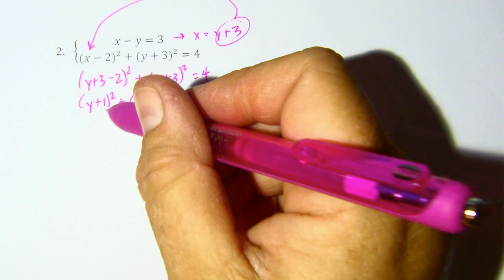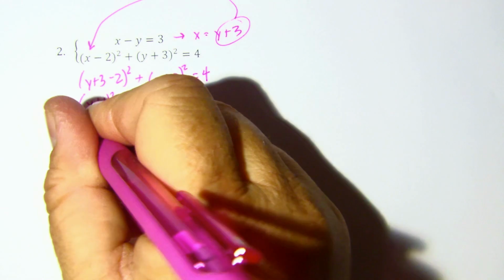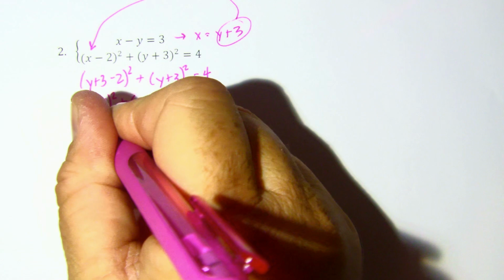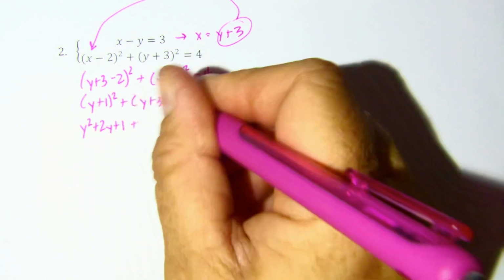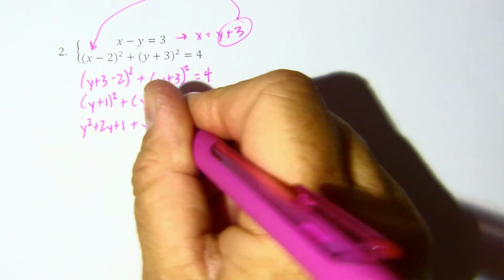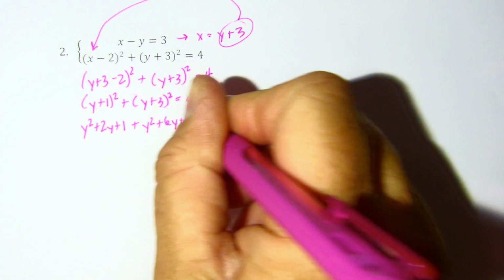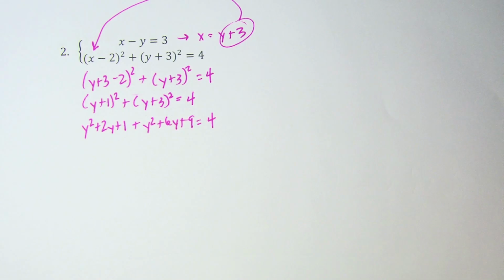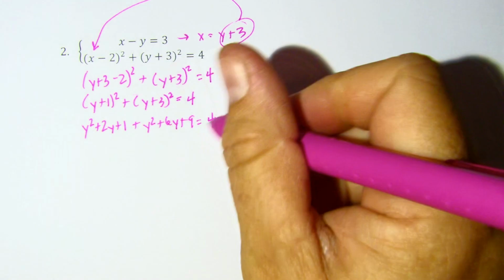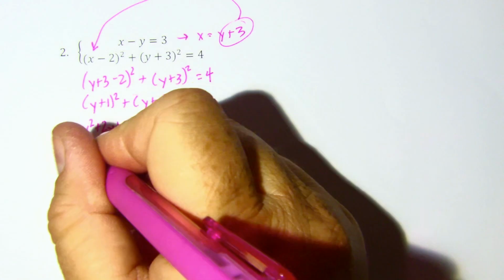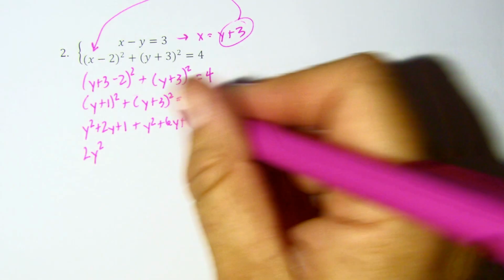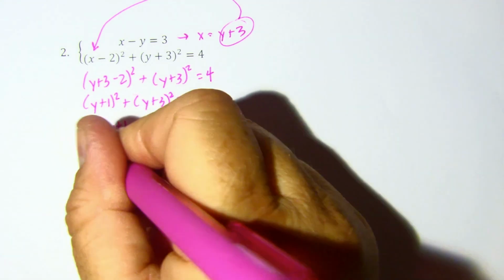If I use the box method on each of these, this one becomes y squared plus 2y plus 1. This one becomes y squared plus 6y plus 9. And this is a quadratic equation. I want to combine like terms and get it set equal to 0. So 2y squared, 2y and 6y is 8y.